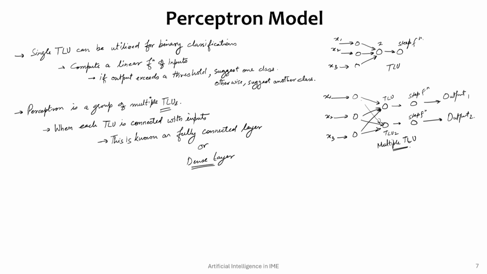These are two famous terms that people usually use. Here we have three inputs and two outputs, right?